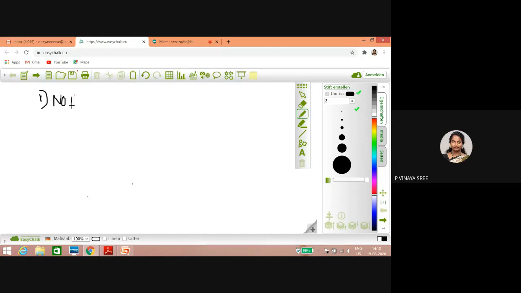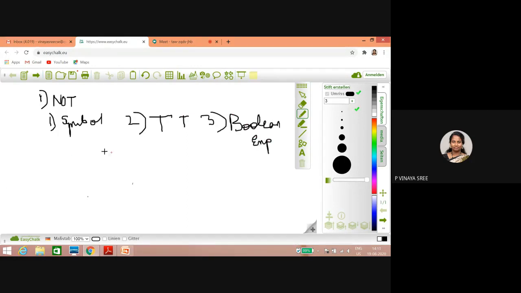For every gate, try to write three steps. First is a symbol, we have to represent a symbol of that gate. Second is a truth table. And third is the Boolean expression for that.